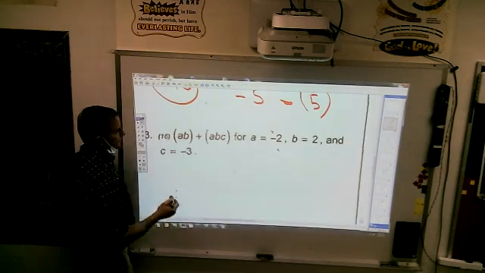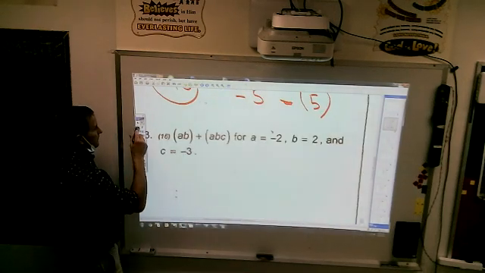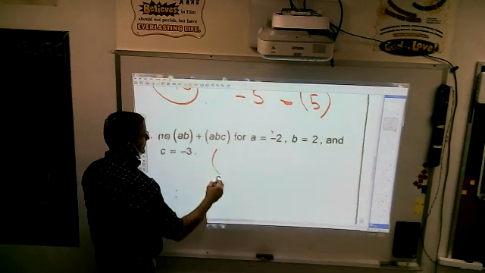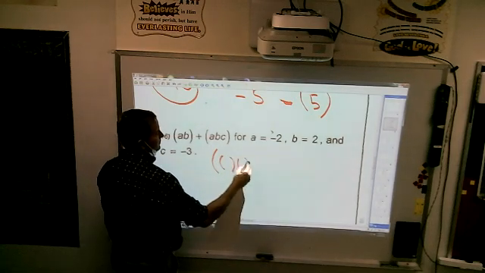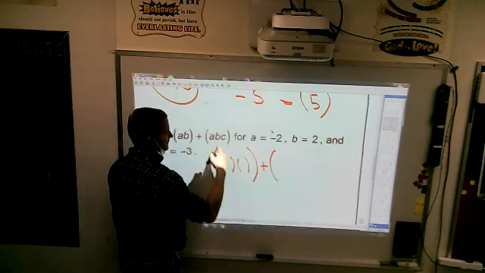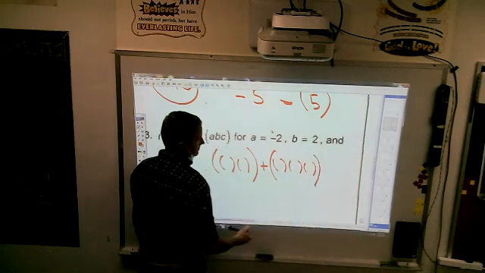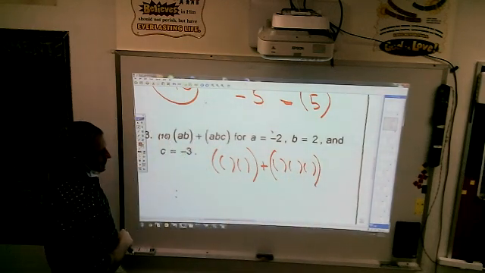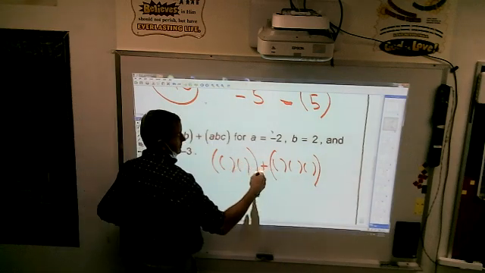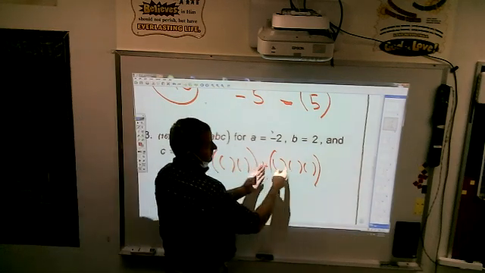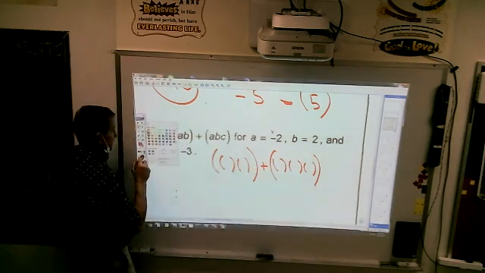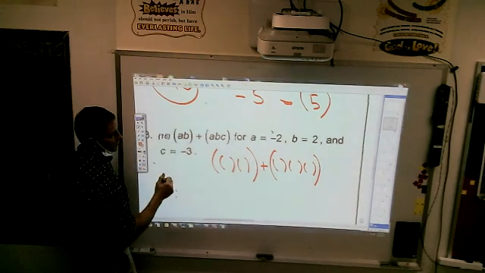If you really struggle with this, it's a very good idea to write down parenthesis A times B parenthesis plus big parenthesis A times B times C. This addition sign is important because you're going to simplify this down to a number and then add whatever that is. So let's look and see what we end up with here.